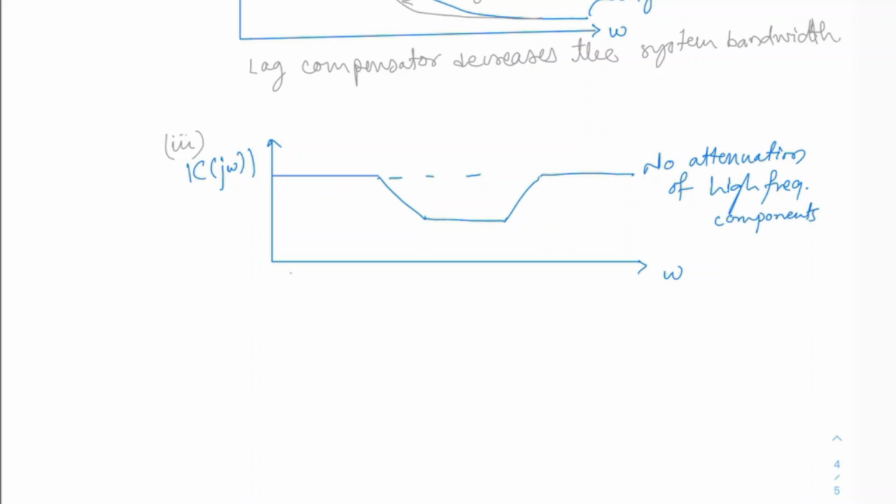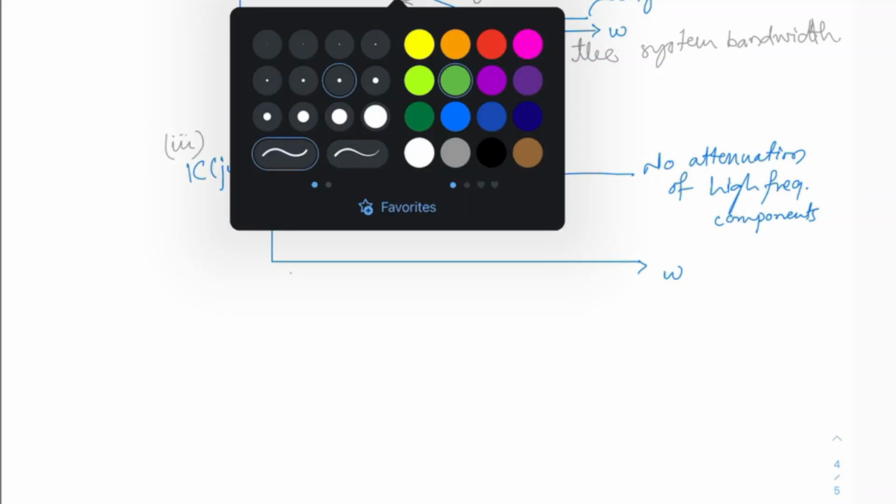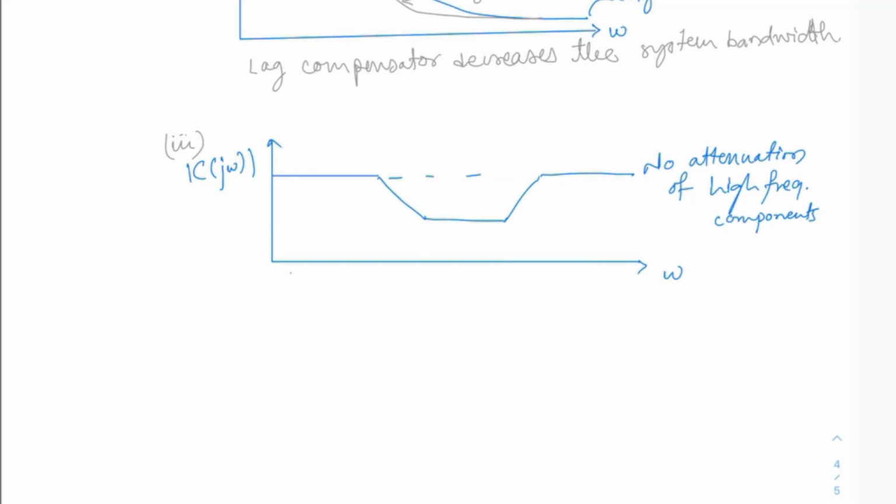So what happens here is, let me increase the thickness over here. If I were to denote a lag compensator like this, and a lead compensator, say like this, then the addition of these two would be this.